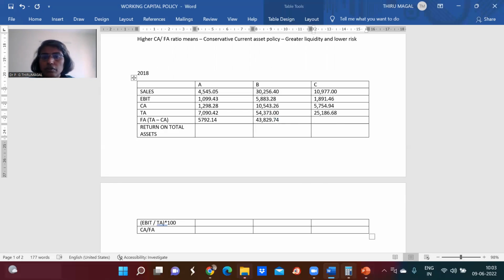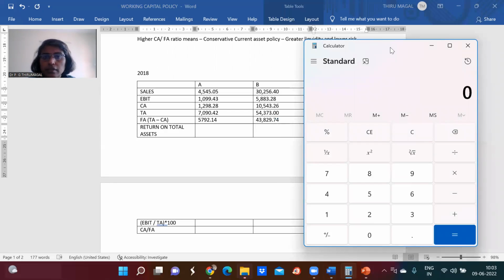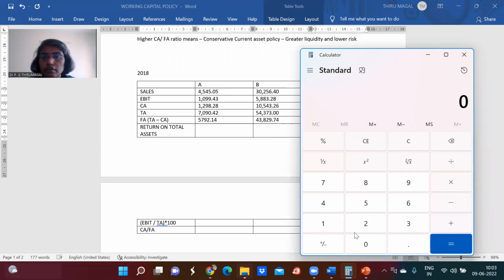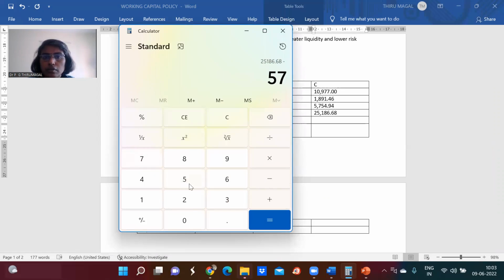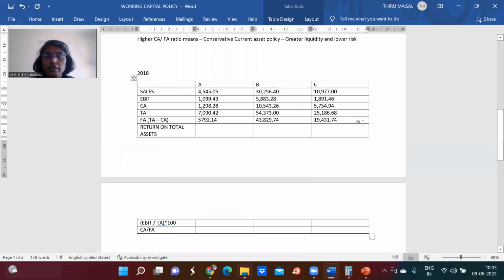Similarly, we have to do it for company C. Here the total asset is 25,186.68 minus the current asset 5754.94, which comes to 19,431.74. So that is the fixed assets.